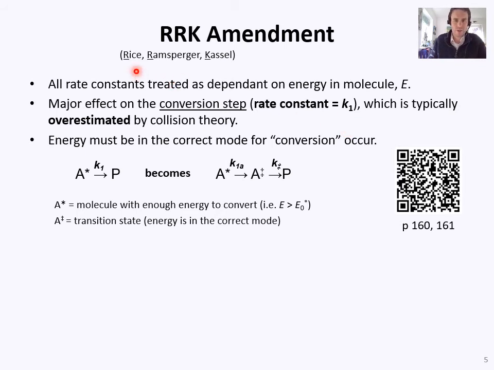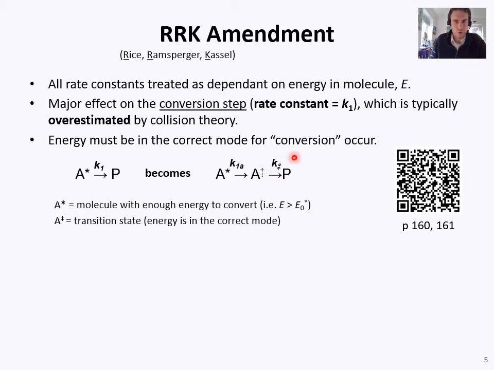And the way that Rice, Ramsperger and Kassel, which is the RRK in this, introduce this is by saying, yeah, you can make your activated state A star, but then there requires to be some shifting around until you can get to the transition state, which then will convert to products just via this rate constant K, the transition state double dagger symbol.